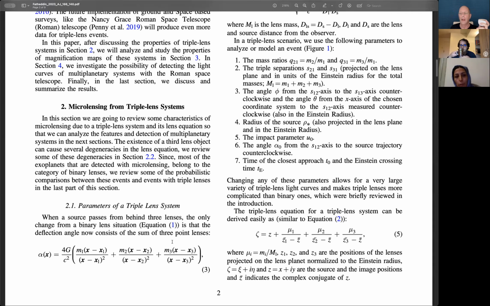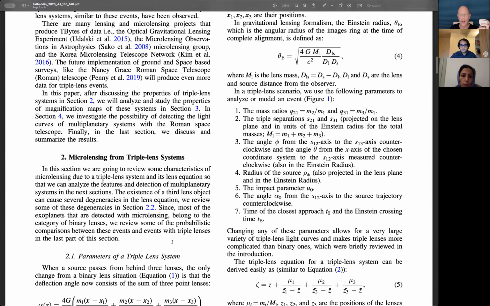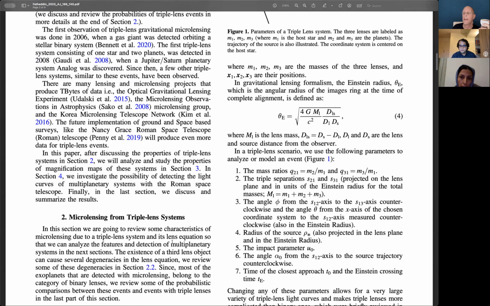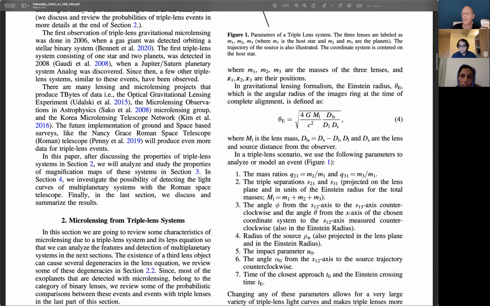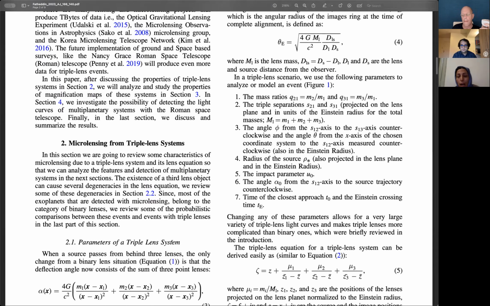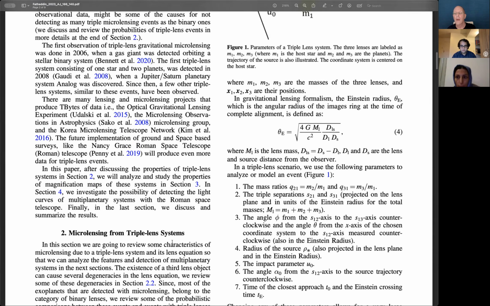The first is the host star, and the other 2 are for two planets rotating around the host star. According to this equation, we have 3 more parameters in our formalism, as can be seen in figure 1 of the paper.